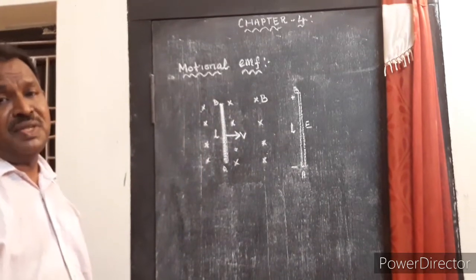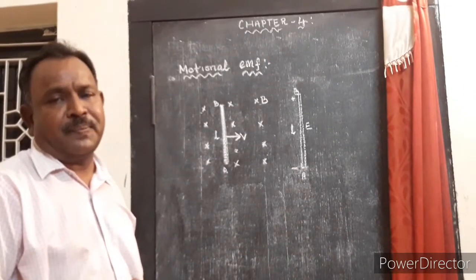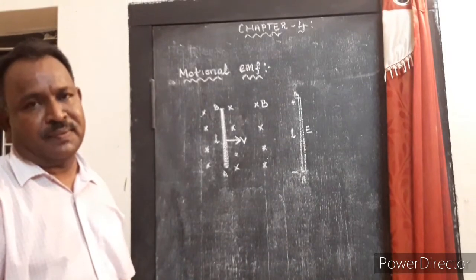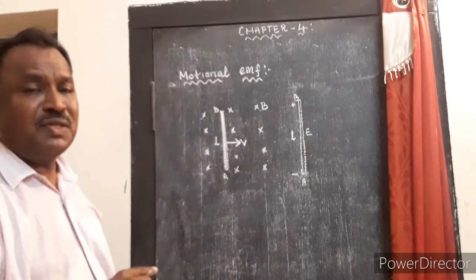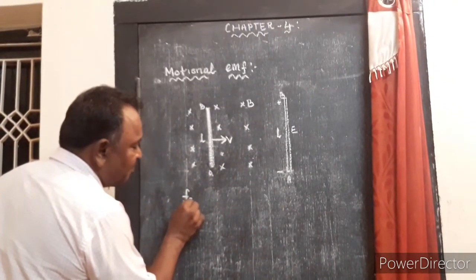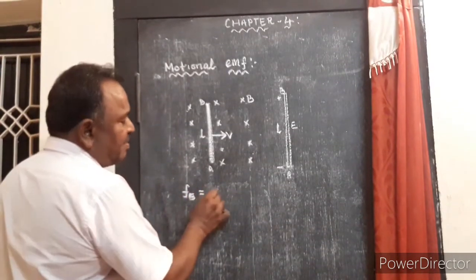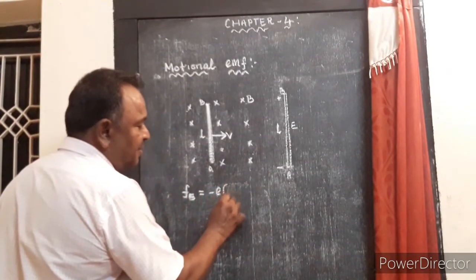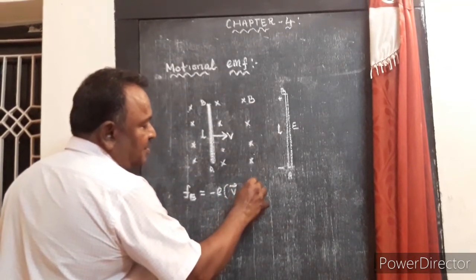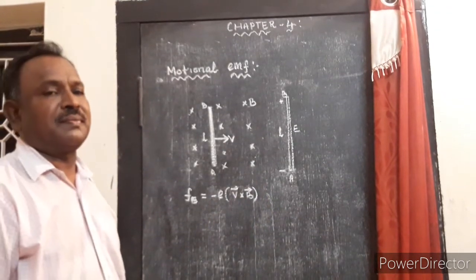Already we have seen that when a charge moves in a magnetic field, it will experience magnetic Lorentz force. The expression for the magnetic Lorentz force Fb is charge into v cross B.